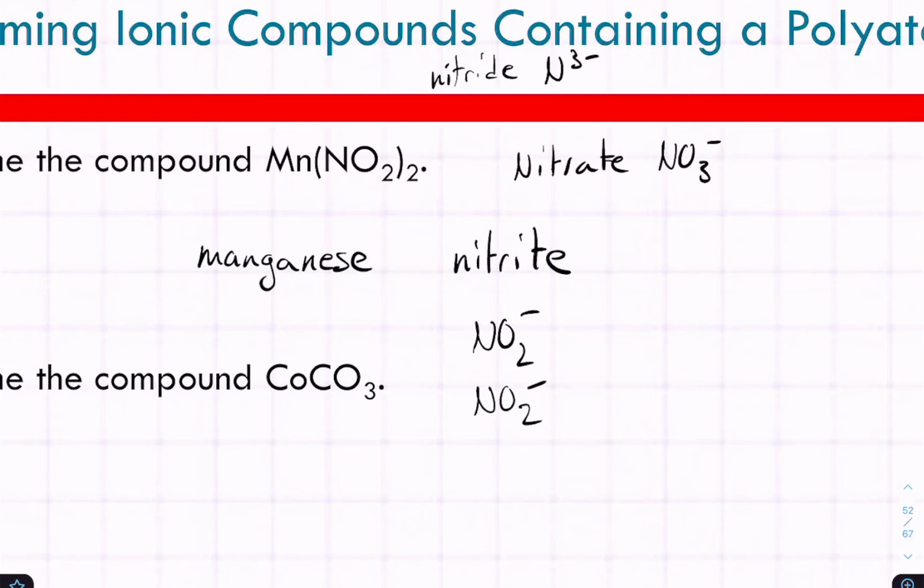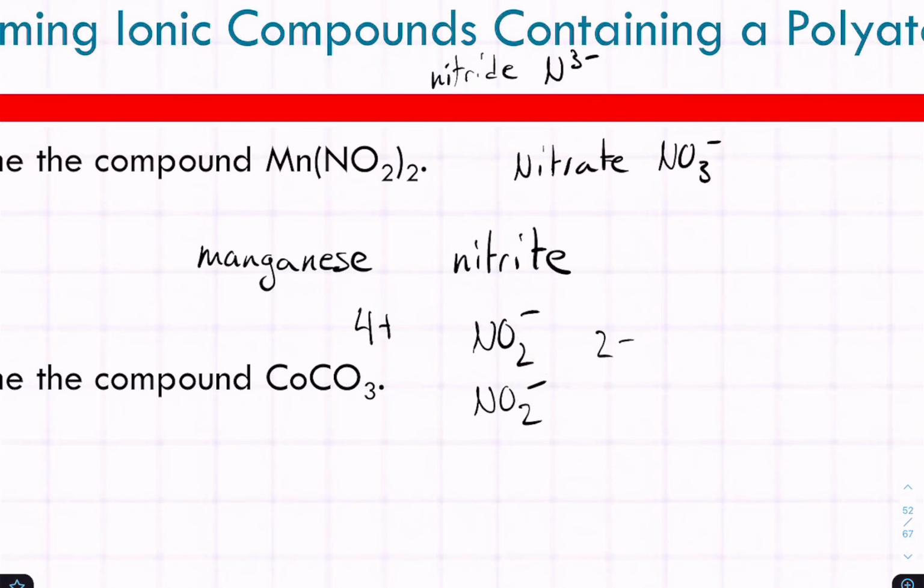So what's the charge for manganese? Say 4? So if this is 4 plus, what are these two together? Well, this is a 1 minus, this is a 1 minus. So 2 minus?